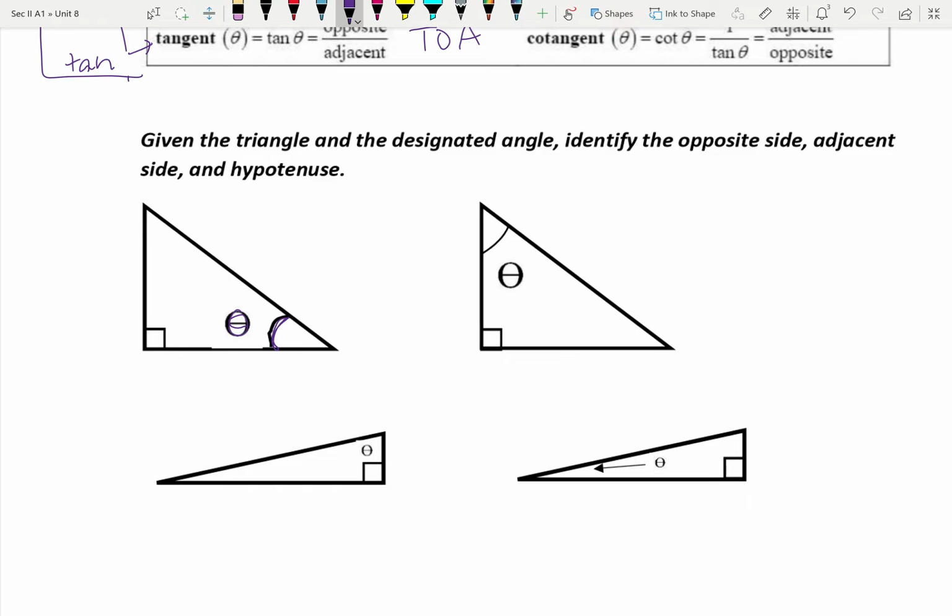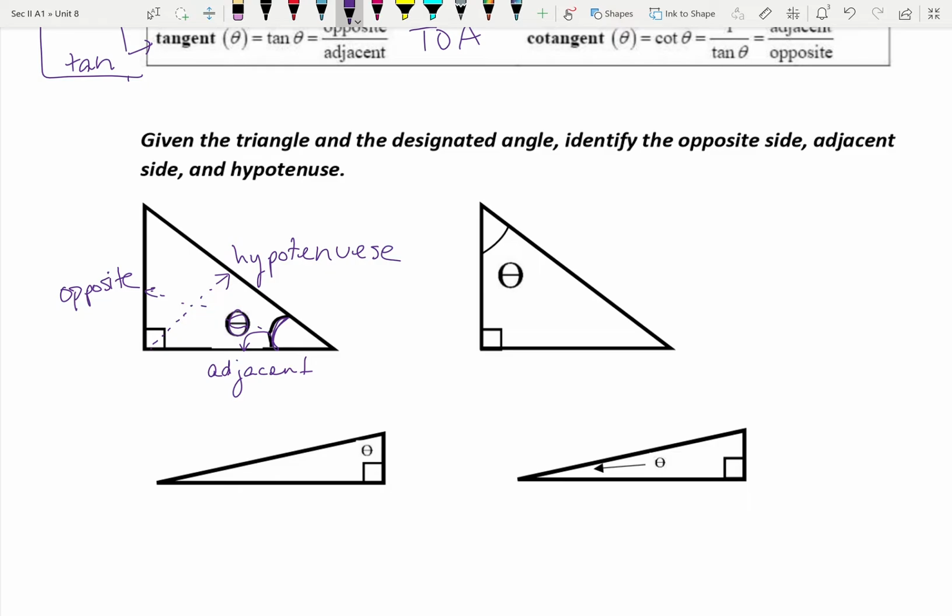What we do is we look at theta and we basically draw a line straight across. That side is known as the opposite side. The side right next to it is adjacent. Now, how did I know that it was this side and not this side? Because this side is directly opposite of the right angle, so that one is the hypotenuse.